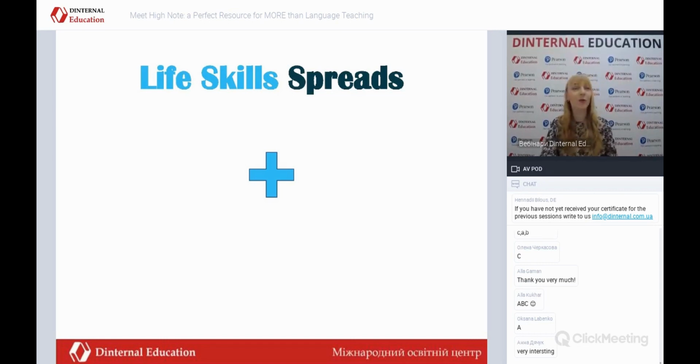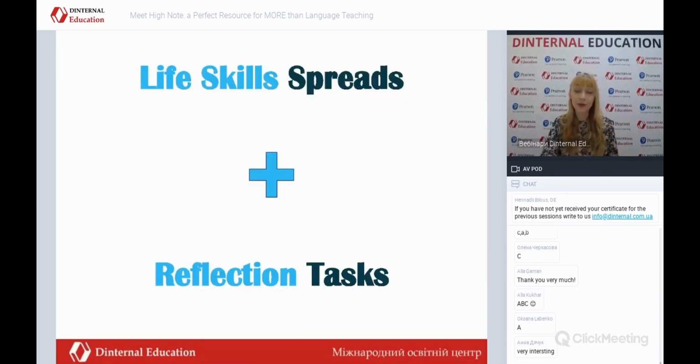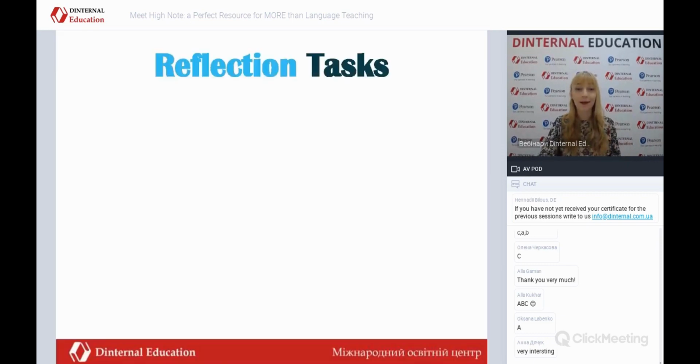So here, throughout the whole book, in different types of lessons, your students and yourselves will find some reflection tasks. Some tasks to think about, some questions that develop critical thinking and respect and seeing some other people's point of view. So all of these other skills that I talk about in some other sessions, which I will mention in a moment.